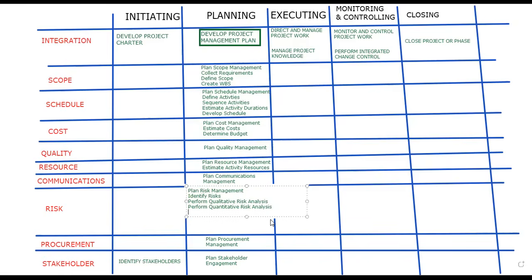So the next one is plan risk responses. Now that you have scored the risks in qualitative risk analysis, you've also prioritized them, you do another round of prioritization in quantitative risk analysis, and you have a good idea of how severe the risks are, or the opportunities, how significant they are. So we plan risk responses, right?